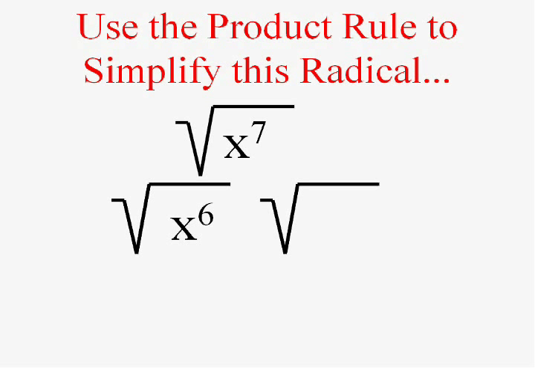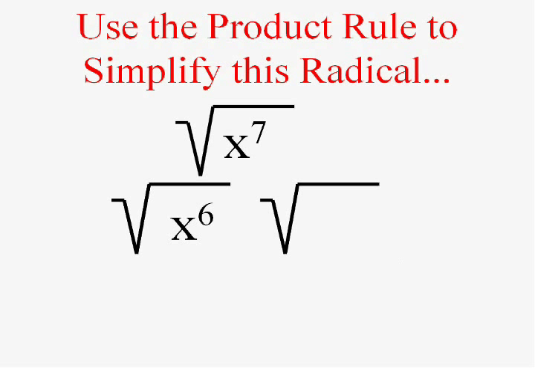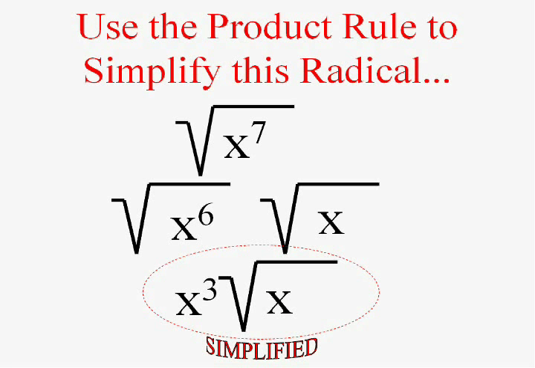Now, x to the 6th times what is x to the 7th? Well, that leaves me with x to the 1st, or x. Recall that you add exponents when you multiply. Now, the square root of x to the 6th is x to the 3rd. It's a perfect square. And the leftover, as always, we just write. So this radical simplified is x to the 3rd times the square root of x.